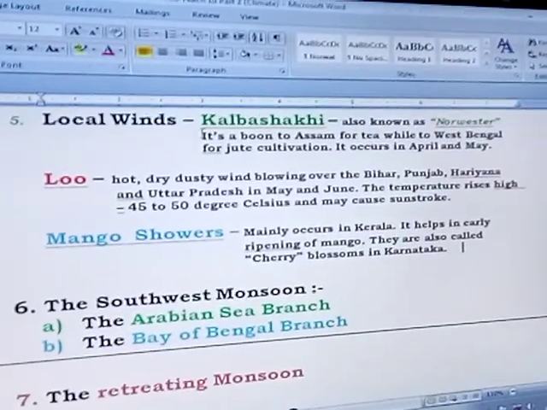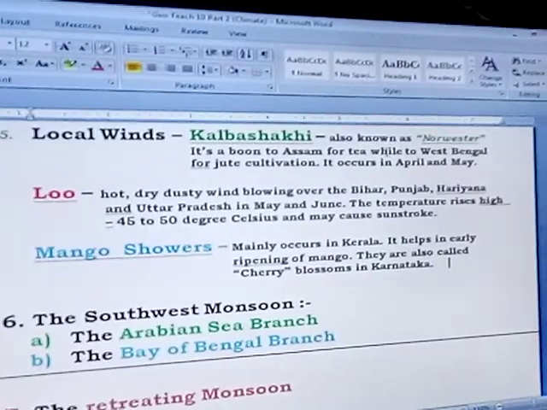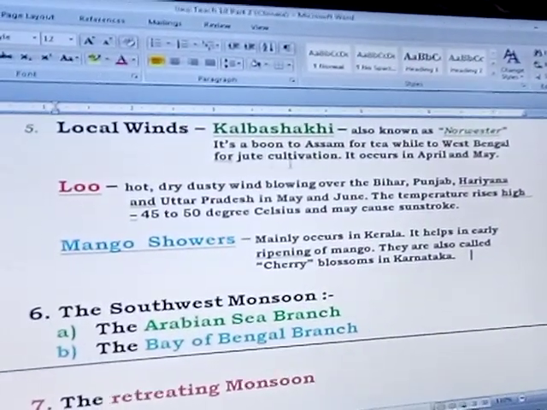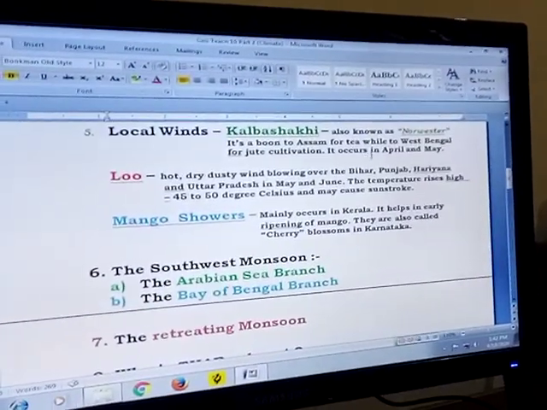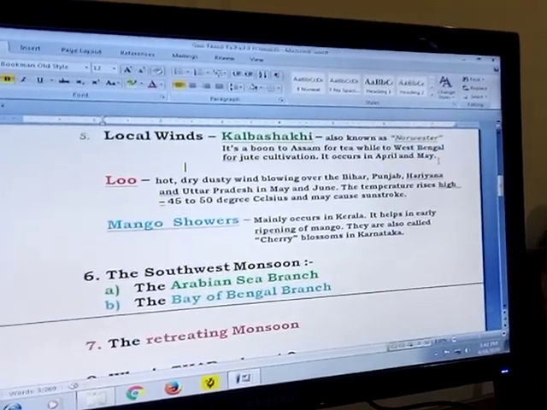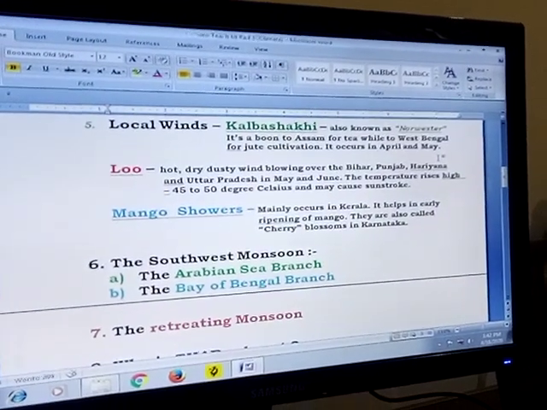Now, it is a boon to Assam because it helps to grow tea, while it is also a boon to West Bengal for jute cultivation. It occurs in the months of April and May. This is the time. And I don't think this year it has already started.